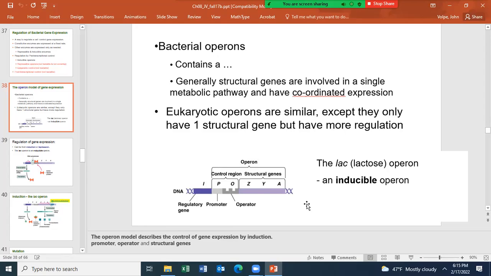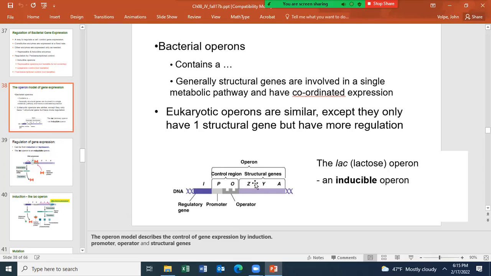The lac operon contains 3 structural genes. The first, Z, codes for the enzyme lactase, which can break the sugar lactose into the sugars beta galactose and glucose. The gene Y, the structural gene Y, is the permease gene, which codes for the transport protein that brings the sugar lactose across the cell membrane.